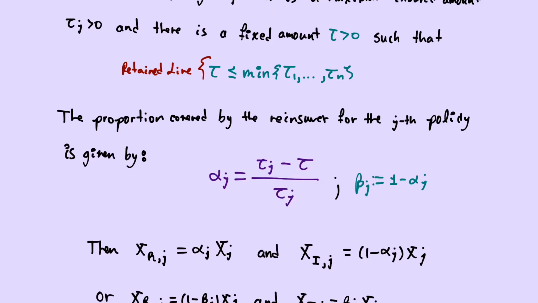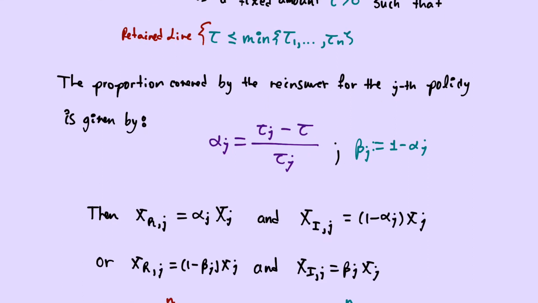That, I repeat, is called the retained line. So you do this operation for each of the policies, and for each you get a different proportion, because typically the tau j is going to be different. Of course, if two policies have the same tau j, then this quantity will be the same.